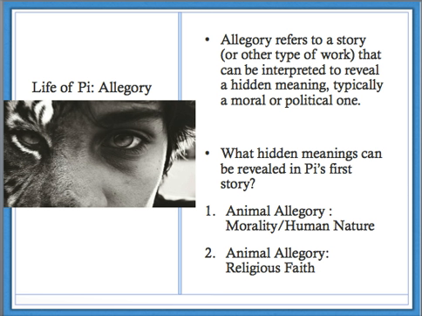On another level, the animal allegory, the first story, also represents or says something about Pi's strong belief system. So we've seen this whole time, he believes in God, he believes in a higher power, he believes humans need religion and have a strong sense of spirituality, and he believes strongly in the function and role of religion in giving somebody a good life, a better life.